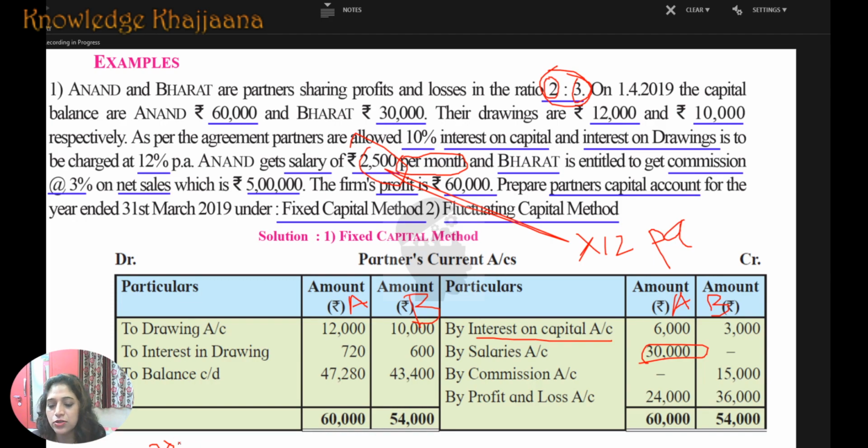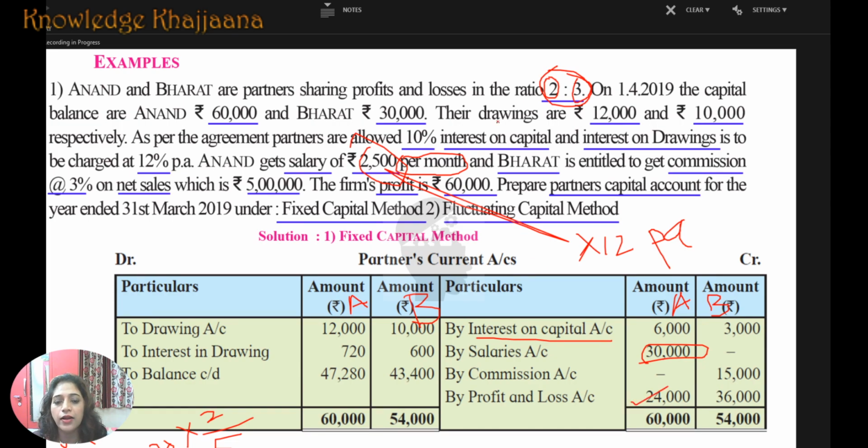So 60,000 into 2 upon 5 will be given to Anand. Calculating 60,000 into 2 upon 5, it becomes 24,000.